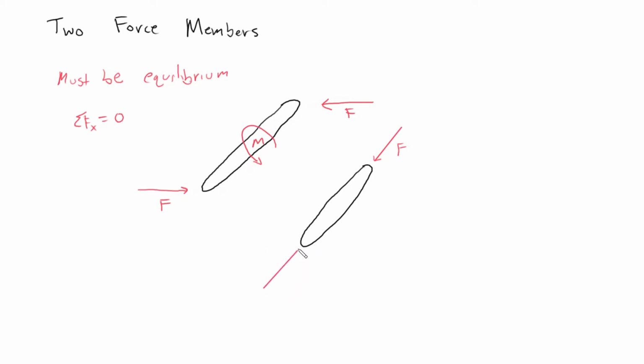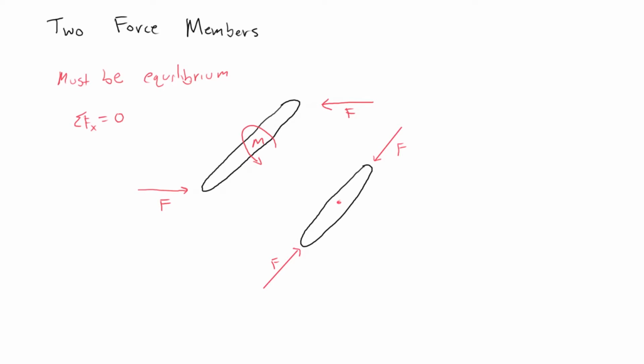Whenever you have two force members, the force acts along the direction of this rod. And as you can see, if you call that the center of mass, there is no moment acting upon the rod because there's no perpendicular distance from the force to the axis of rotation.